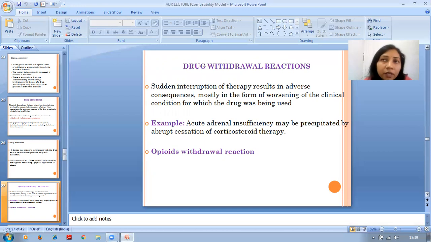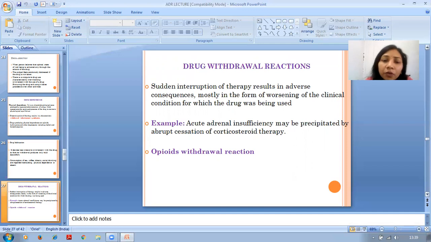For example, acute adrenal insufficiency may be precipitated by abrupt cessation of corticosteroid therapy. A patient using corticosteroid therapy for a long period for a certain disease who suddenly stops the intake of the drug may land in acute adrenal insufficiency.